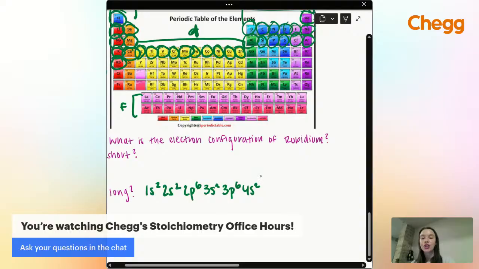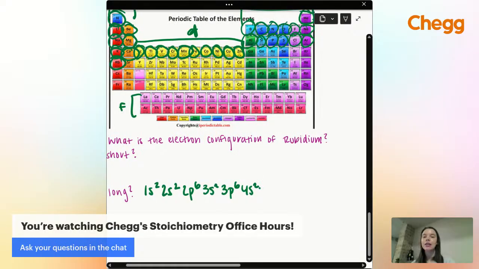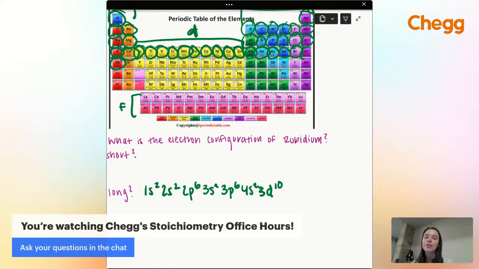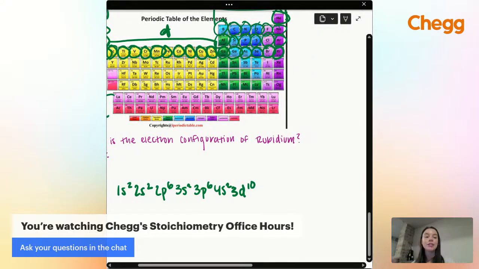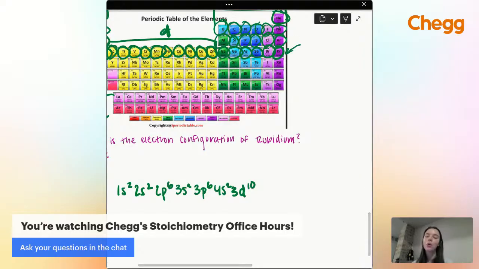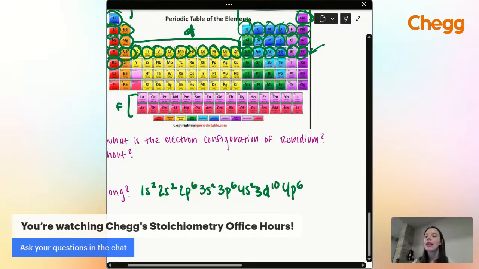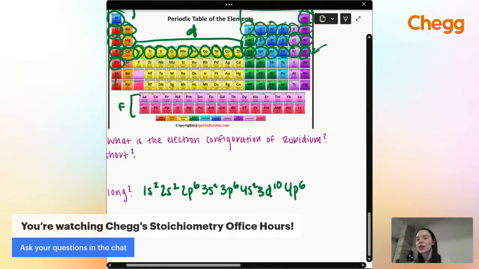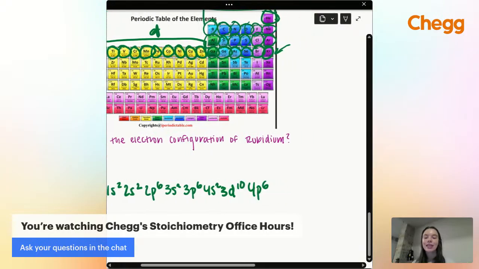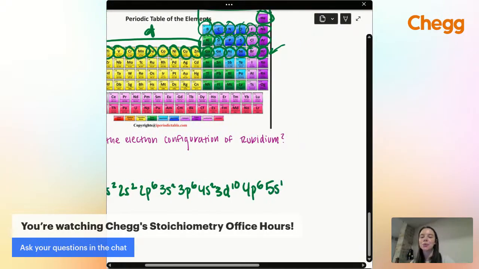So it's 3d10. And then we have 1, 2, 3, 4, 5, 6. If y'all didn't know, krypton's actually on the periodic table. That's what Kr is right here. It's pretty cool. And then 4p6. And then we get to rubidium, which is our 5th s orbital. And that is just 5s1.